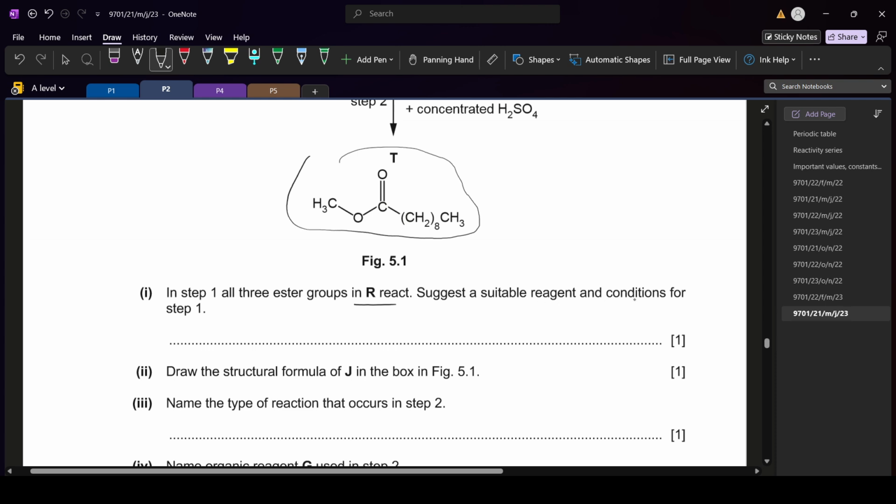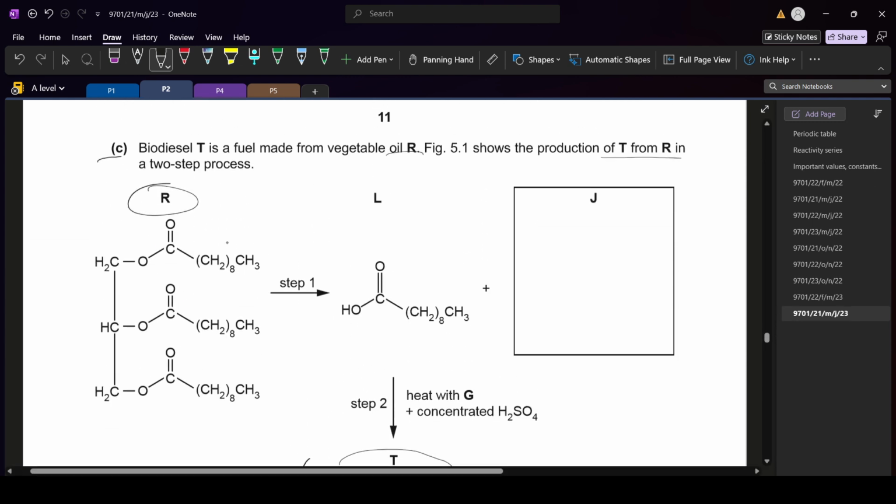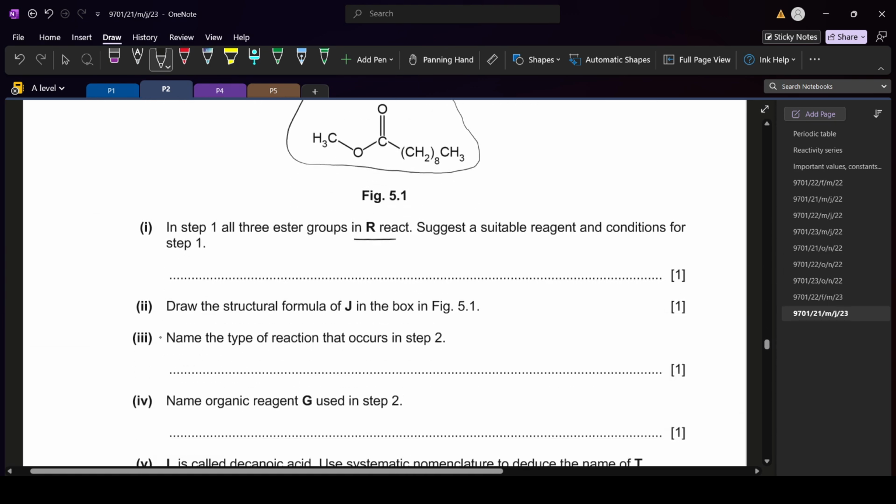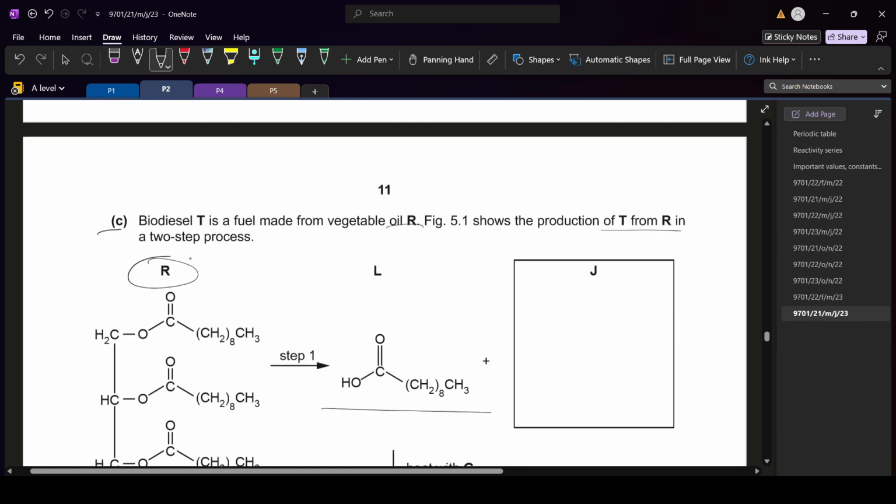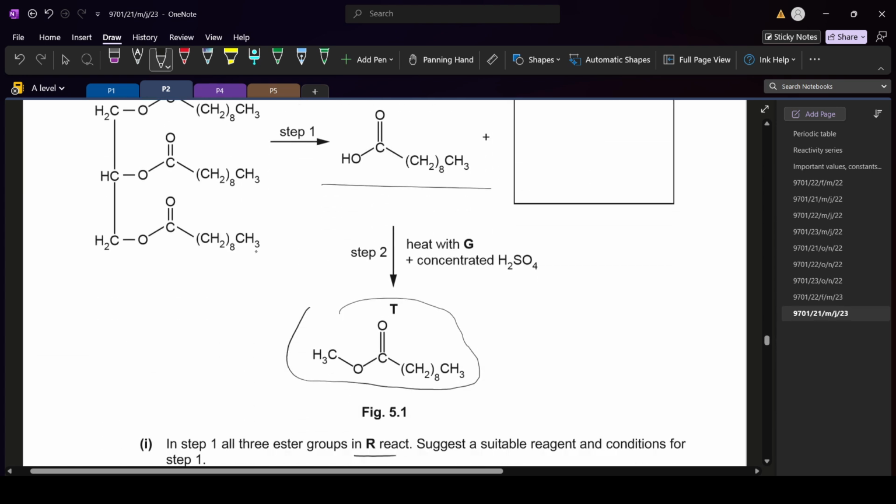Suggest a suitable reagent and conditions for step 1. So in step 1, all three ester groups are broken to carboxylic acid, and you would also know what other compound will form, the alcohol will form. So to hydrolyze these esters, what is the reagent we use? We use an acid, and heat.